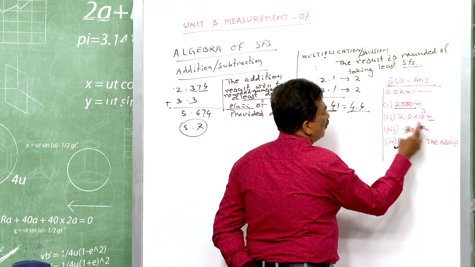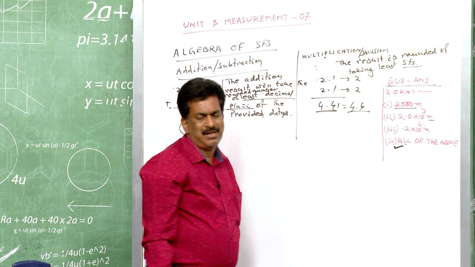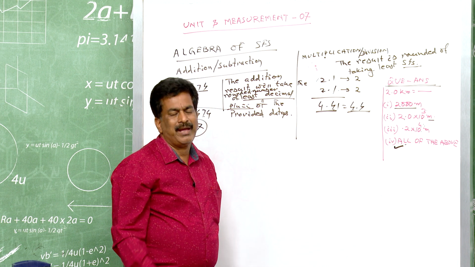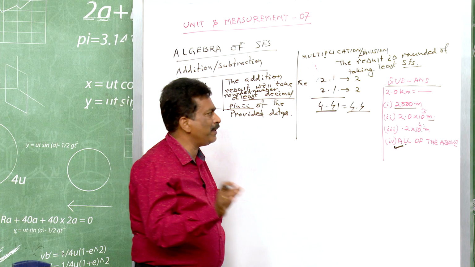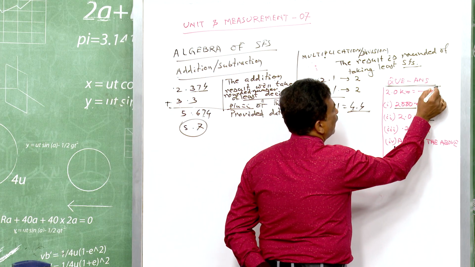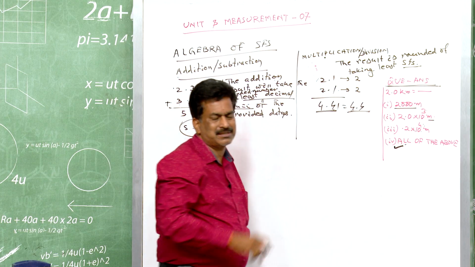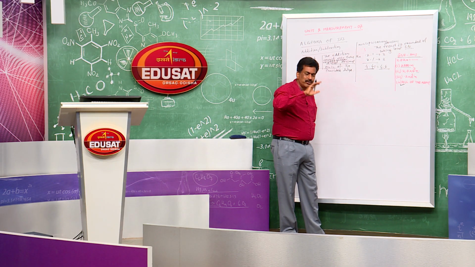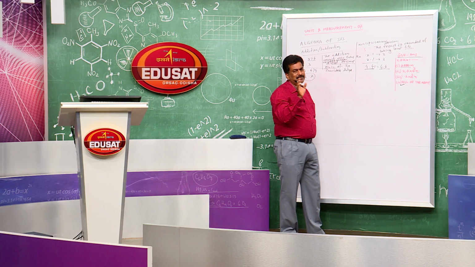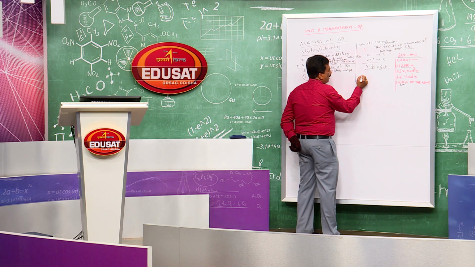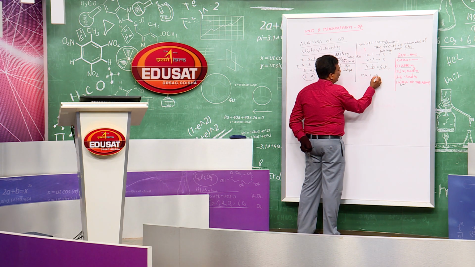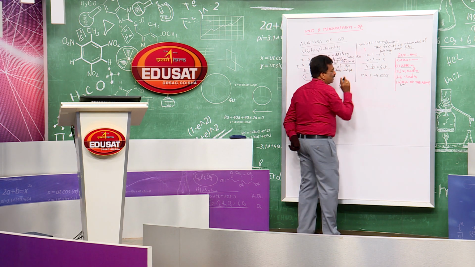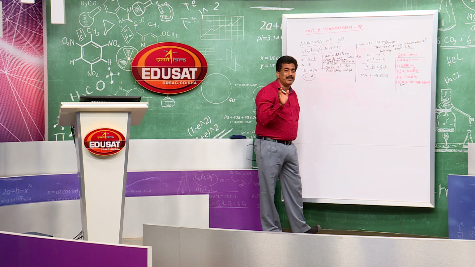And all of the above means all are correct answers. But it is not. According to magnitudes it may be, but this question is about significant figures. One of the rules we discussed: when the unit is changed, the significant figures will not change. Means if it is in the M case and it switches over to CGS, then the significant figures will remain the same.